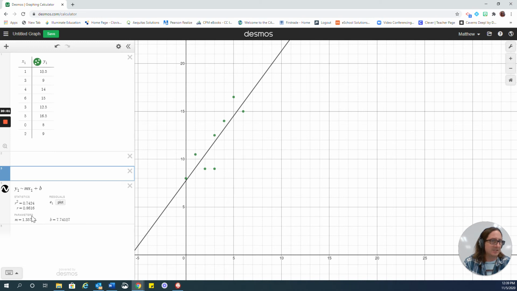All right, it does give us an R value. So go ahead and write that down. The R value is 0.8616. And the R squared value is 0.7424.